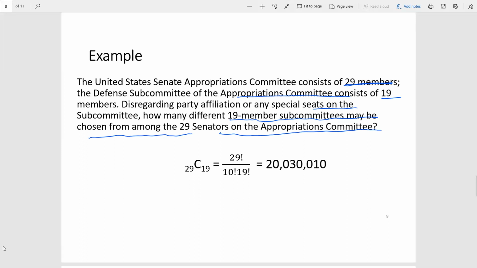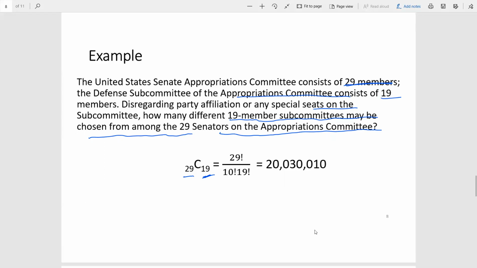Since the order does not matter here, we're going to use combinations of these 29 members, taking 19 at a time. It's going to turn out to be quite a lot.